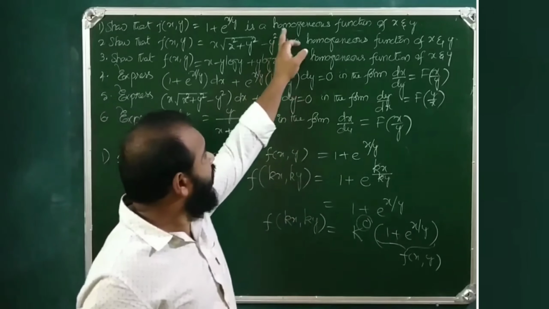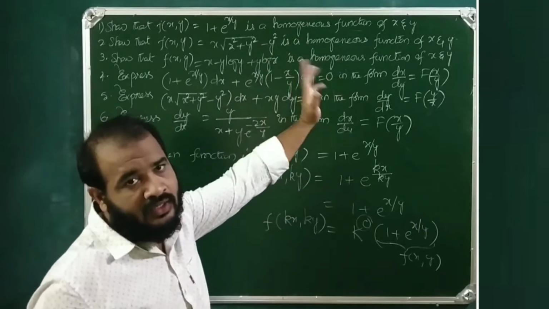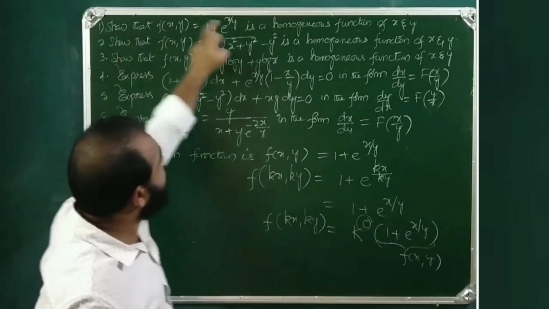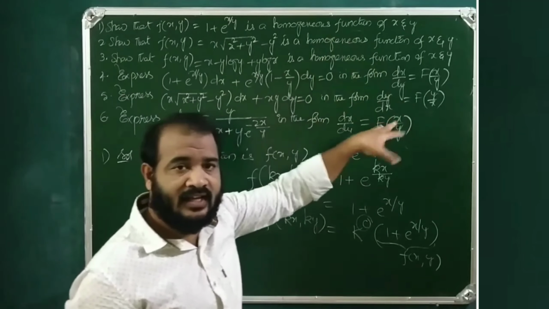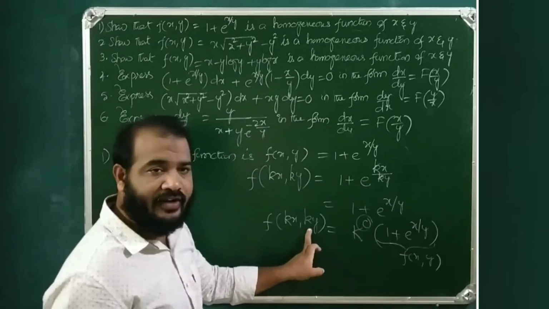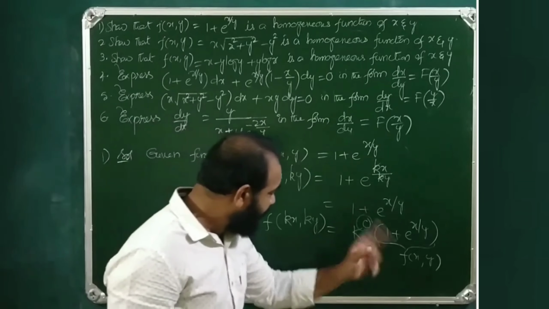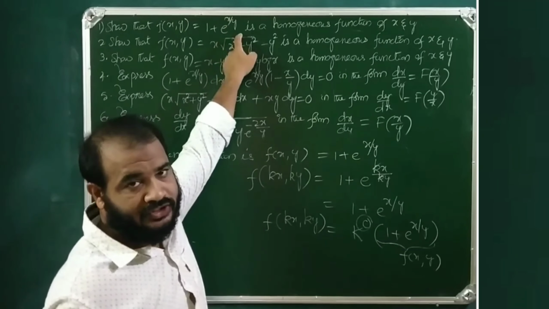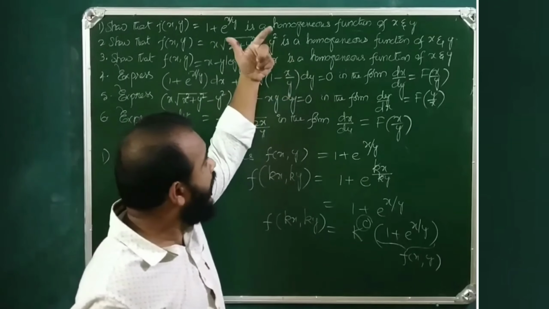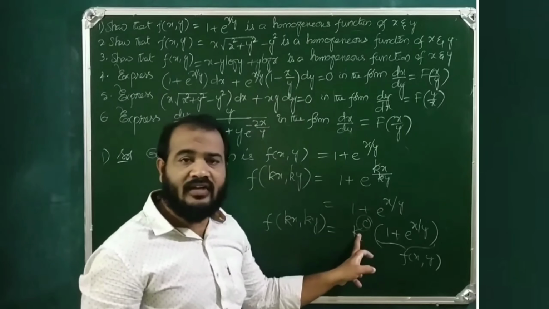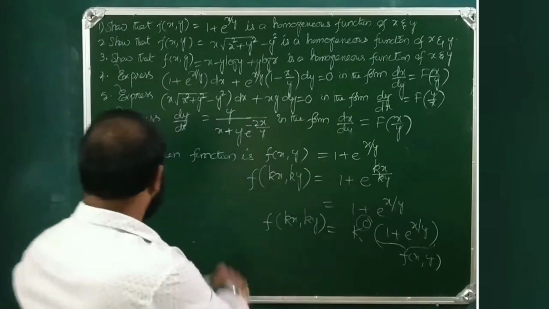He is not asking us to mention the degree, just to show that this is a homogeneous function. Yes, as we have succeeded in expressing f of kx, ky as k power something into again f of x, y, therefore yes, this is a homogeneous function. And further, if we want to mention the degree, it is 0.